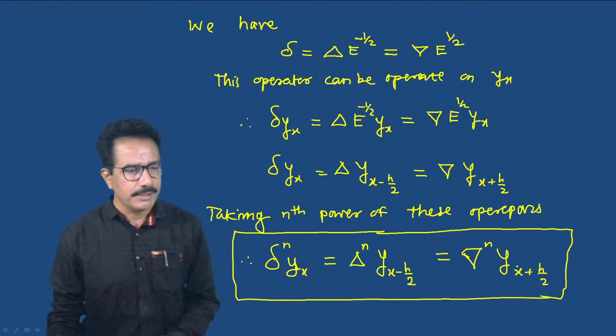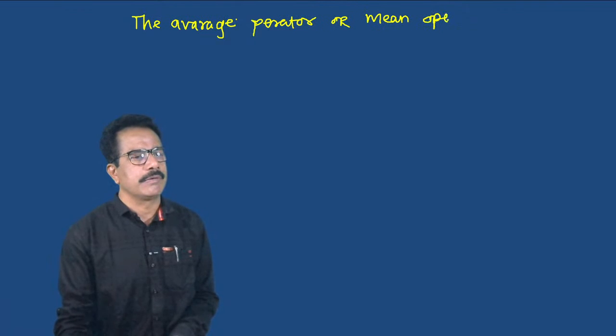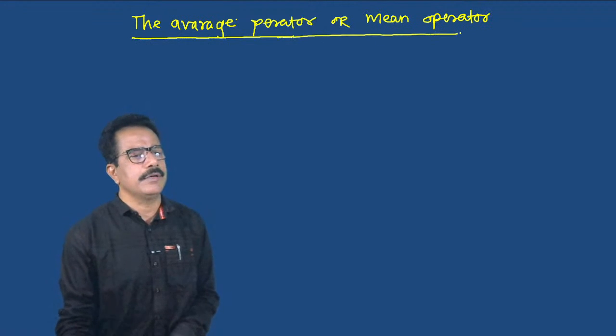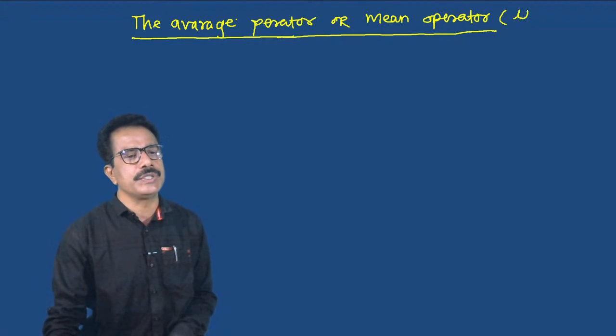Okay. So next we shall move to the next operator mu, the average operator, called averager or average operator, or it is called a mean operator, and which is denoted by mu.